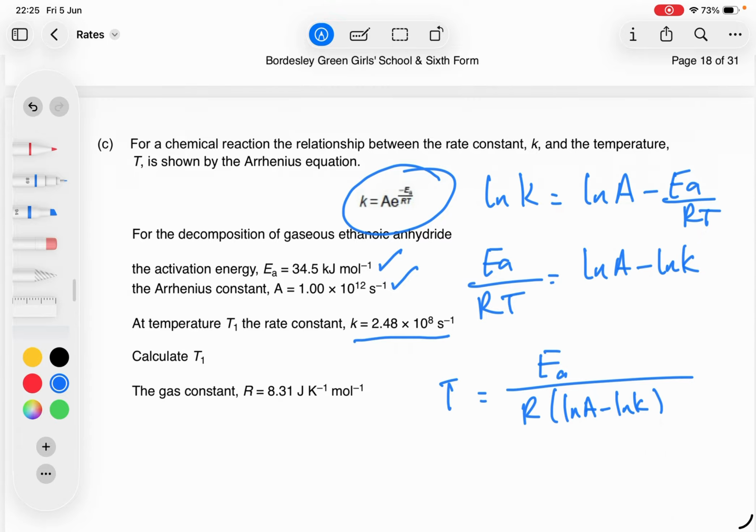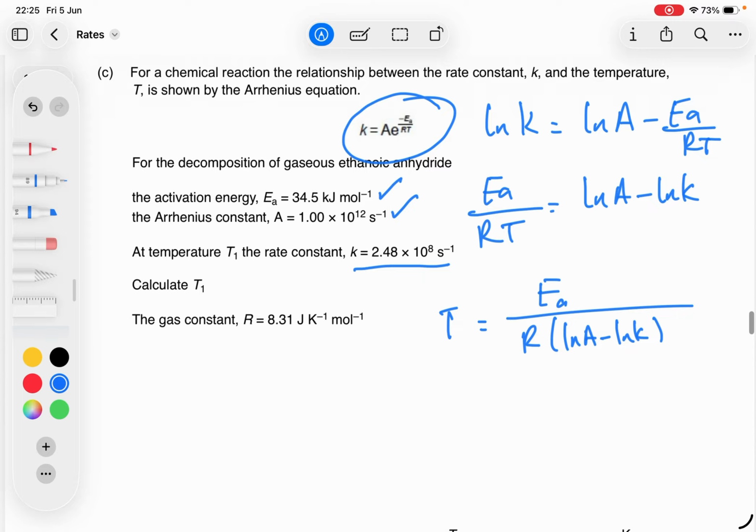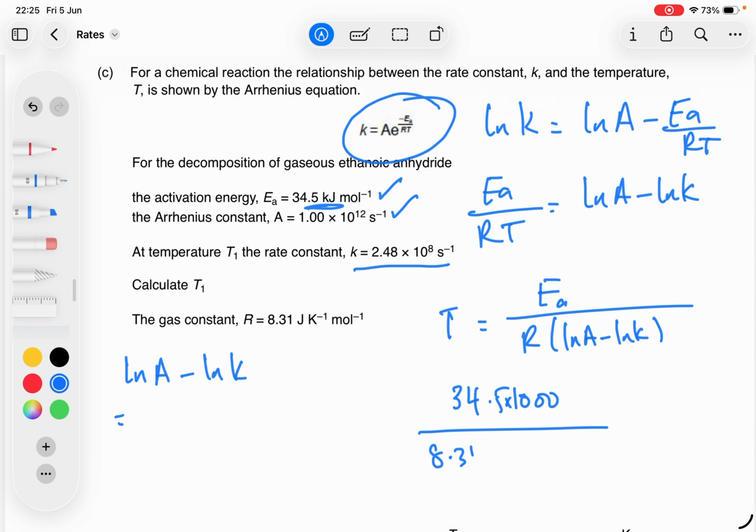Okay, now let's do our calculation. Ea is 34.5 times 1,000 joules because that's in kilojoules. R is 8.31, and natural log of A minus natural log of k I'm going to work out separately.